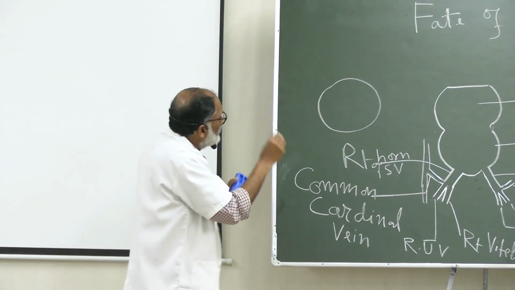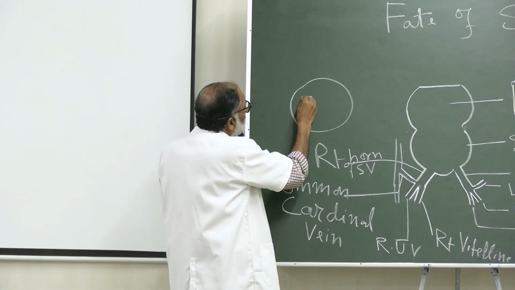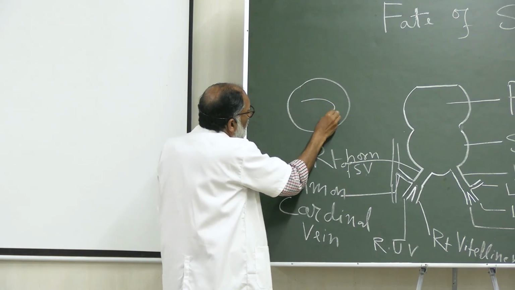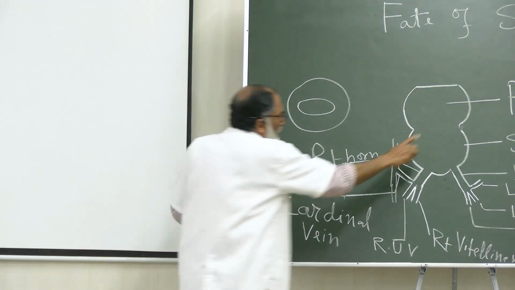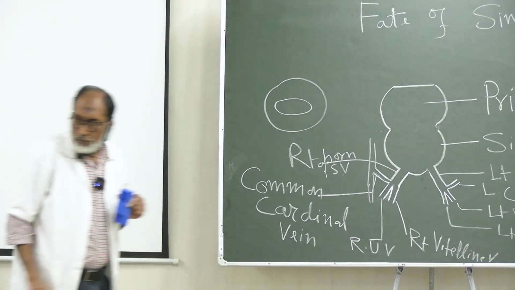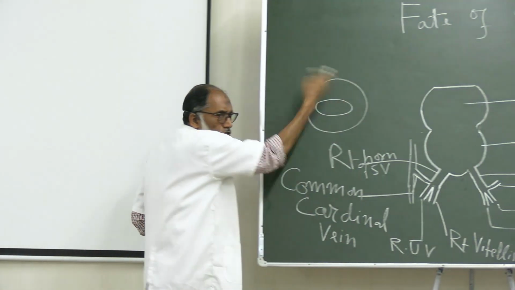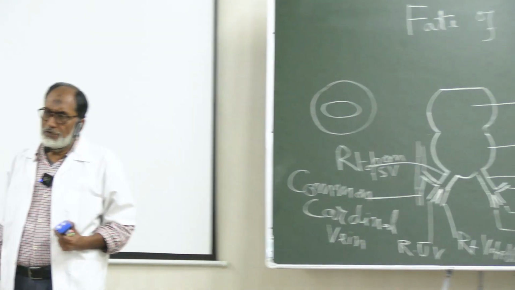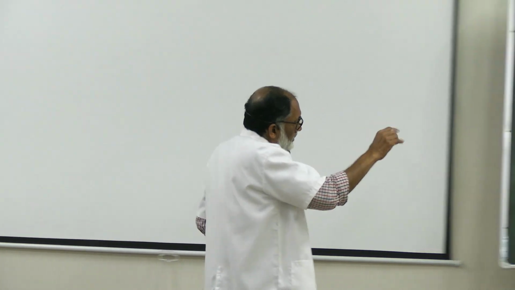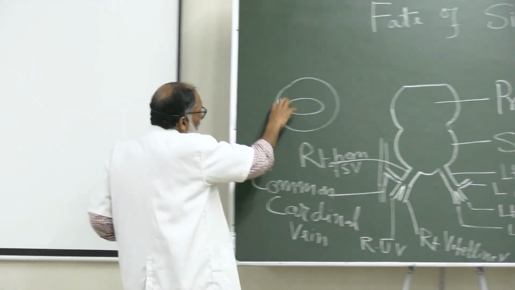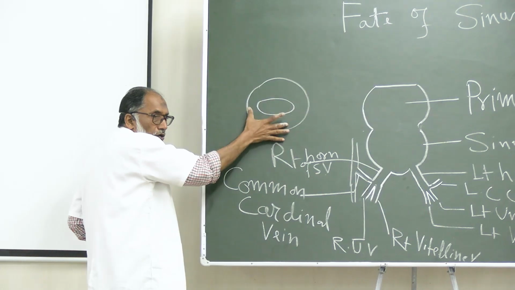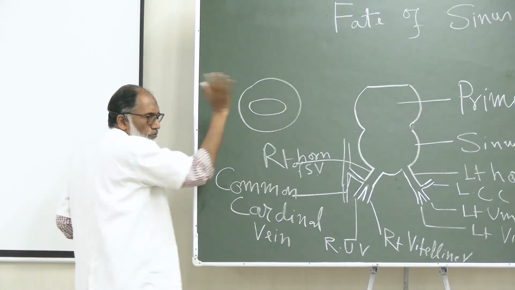So this opening, first opening will be like this. Now you imagine that it is dorsal in position, and through this opening it is communicating with the primitive atrial cavity. This cavity, to start with, remains oval, wide, and central in position.